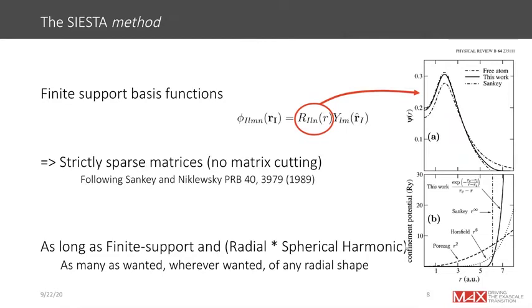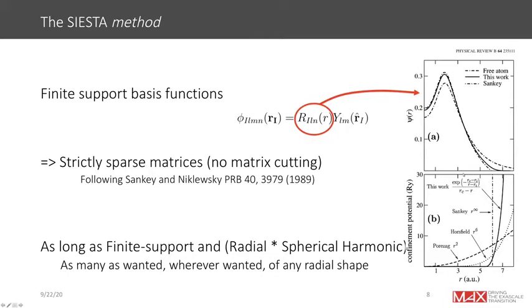Now, going a little bit more to the peculiarities of Siesta itself, and actually of the Siesta method, we are going to be using finite support for the basis functions. That is the radial shapes that I was talking about for the atomic-like orbitals. They're going to be such that they are strictly confined within a radius from the center of that orbital.